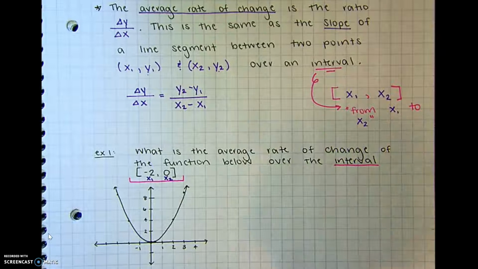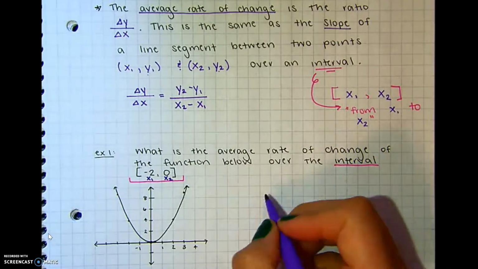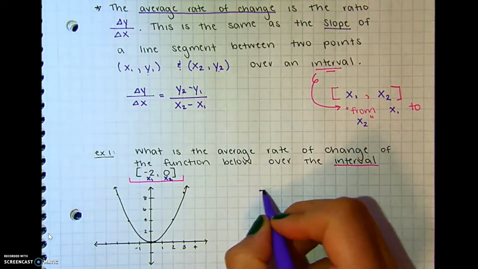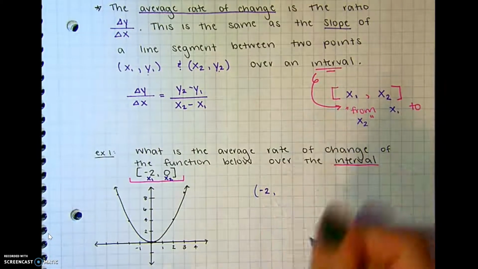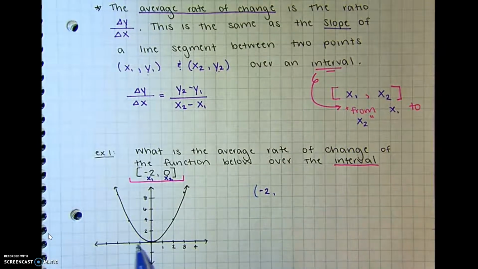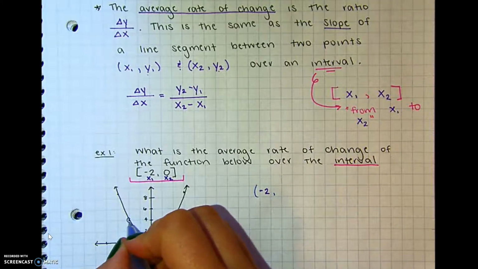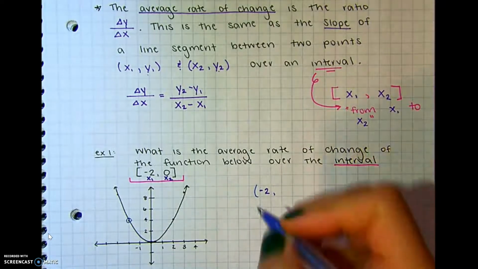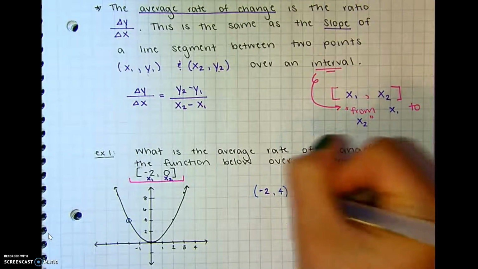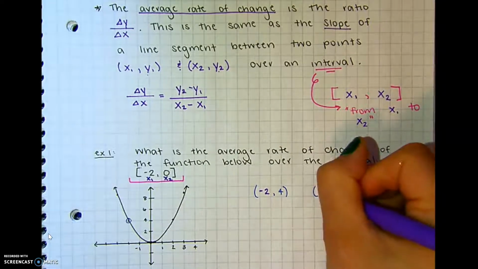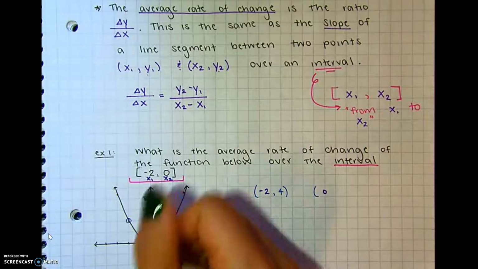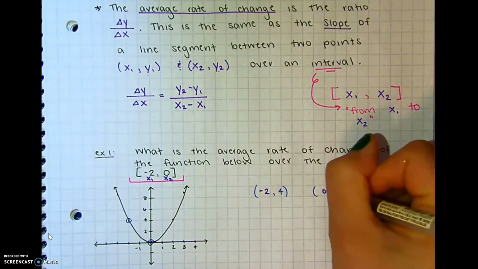So the first coordinate point is going to have an x value of -2, x1. So that's the x value. So at -2, what is our y value? Oh, that's 4. And then our second point has an x value of 0. And what is the y value? In this case, 0.